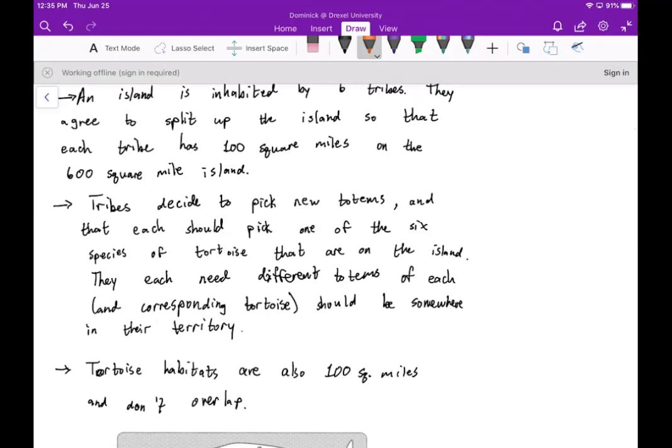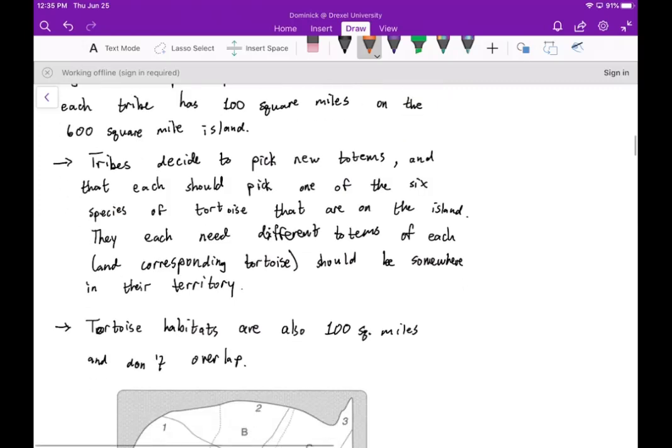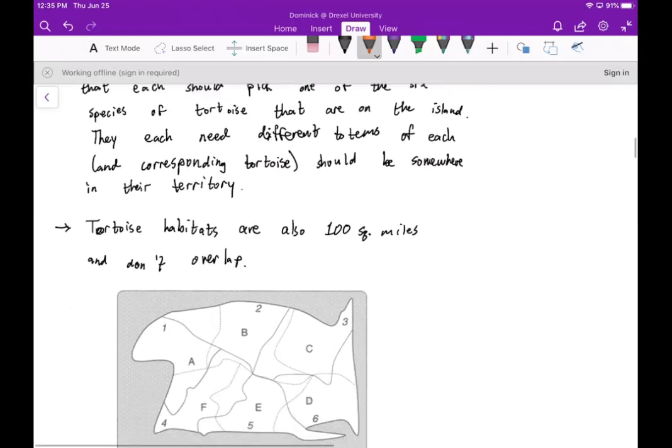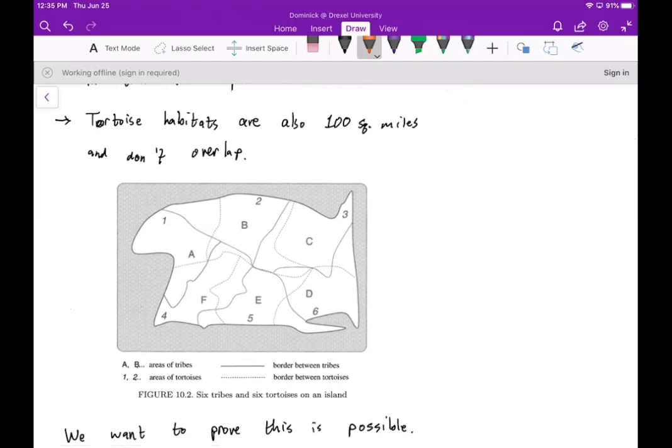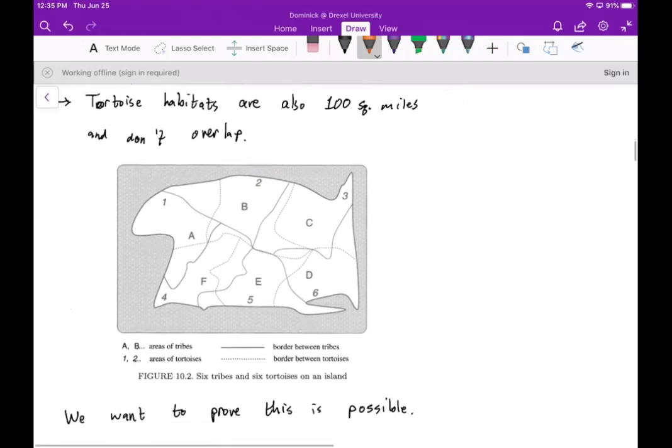They each need different totems, each with a corresponding tortoise, and each of these should be somewhere in their territory. The other thing, of course, is that the tortoise habitats are also 100 square miles, but they don't overlap. These regions that are separated by these solid lines here are the tribe regions.